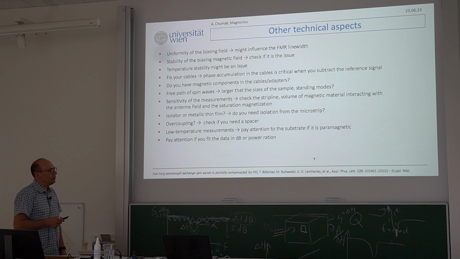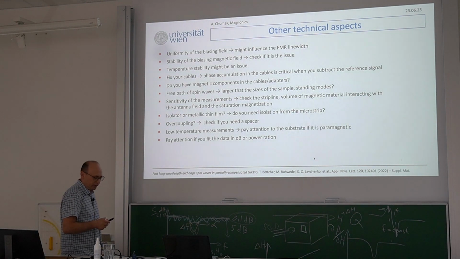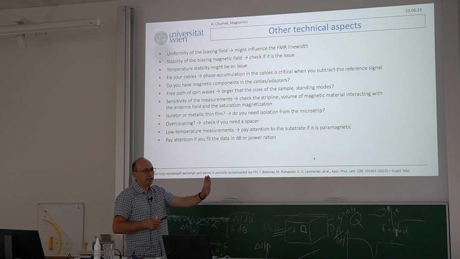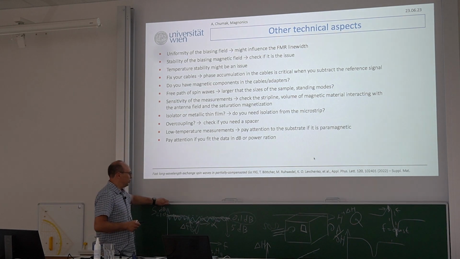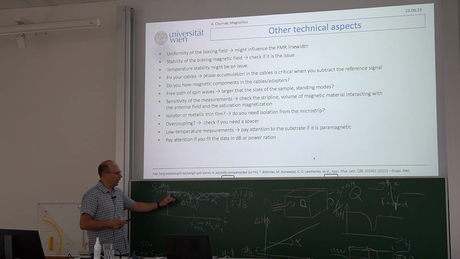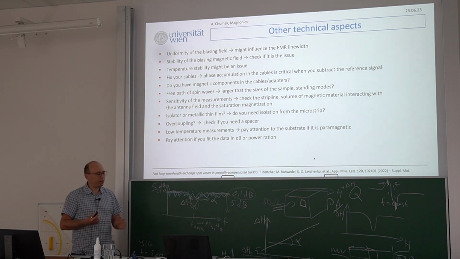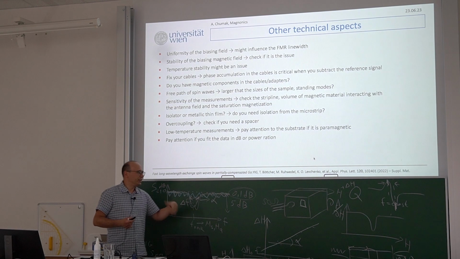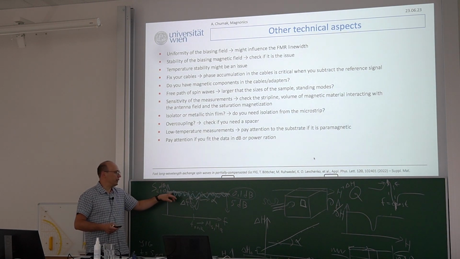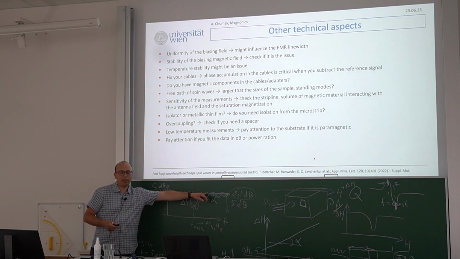Moreover, you will get trouble with taking a reference signal, because as I said, you need to take a reference, this blue guy, for detuned field. In the case of low temperatures, even a small change in field strongly changes the properties of the substrate, its response, and this blue line is getting larger.